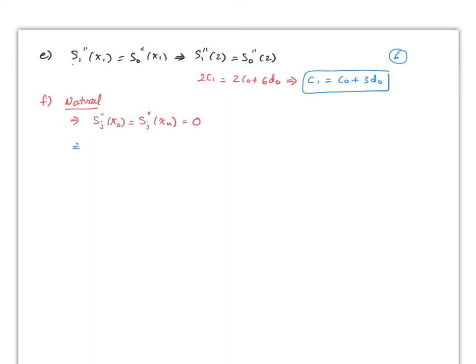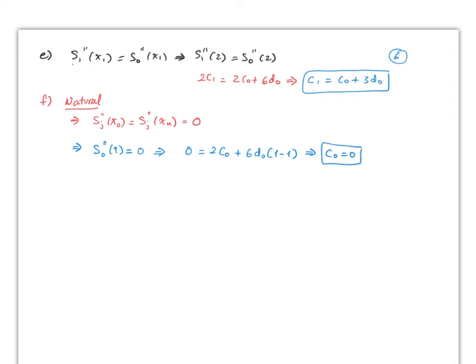Why? Because this means the second derivative of s0, evaluated at 1, has to equal 0. So from here we have 0 equals 2c0 plus 6d0 times (1 minus 1), and you automatically get that c0 is equal to 0.